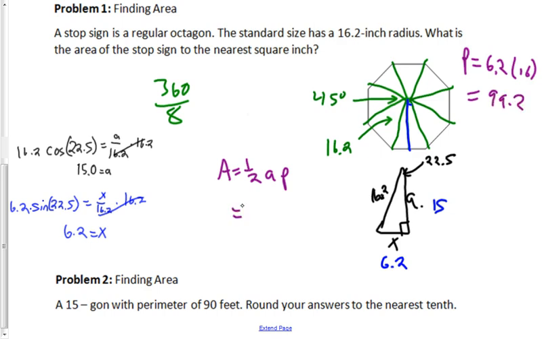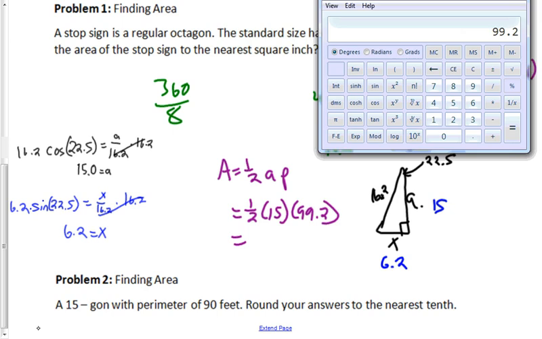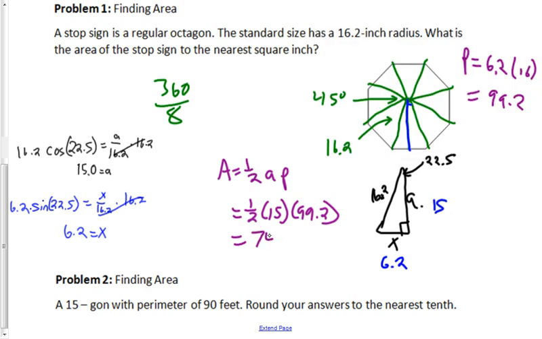So our area will be 1/2 times 15 times 99.2. And we get 744. And we're dealing with inches, so inches squared would be our area.